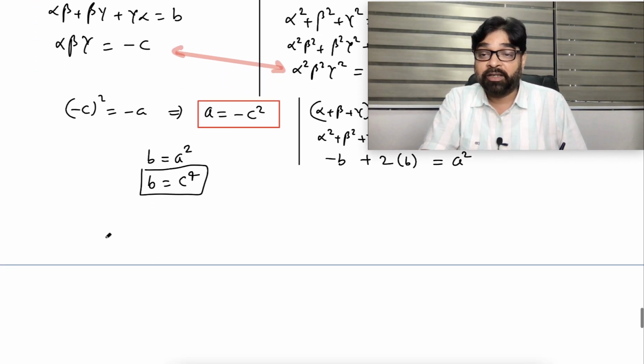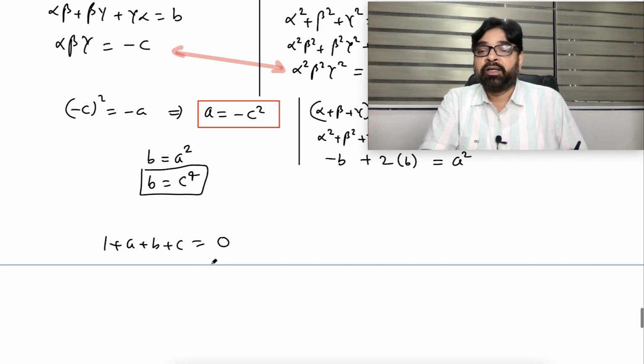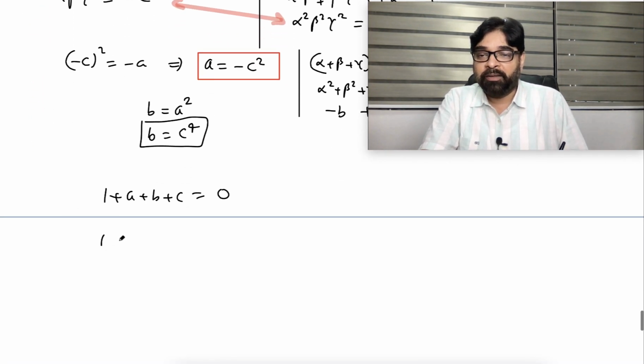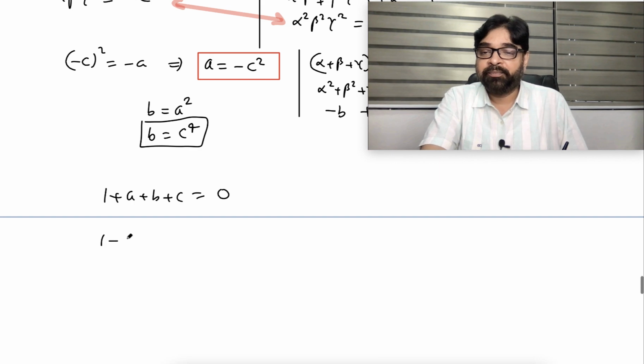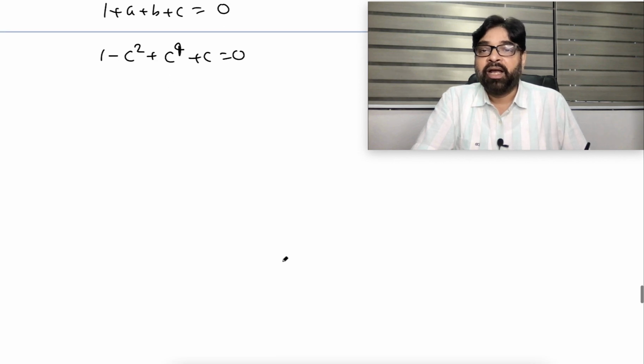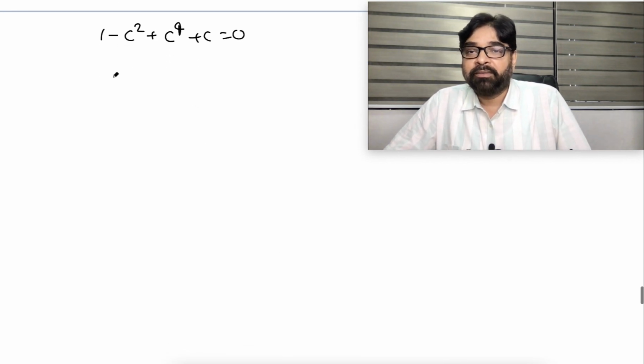The first equation is 1 plus a plus b plus c equal to 0. Yes. So put the a value here. We will get 1 minus c square plus the b value, c power 4, plus c equal to 0. See, we got a one-variable equation, and we have to solve it. It's simple.